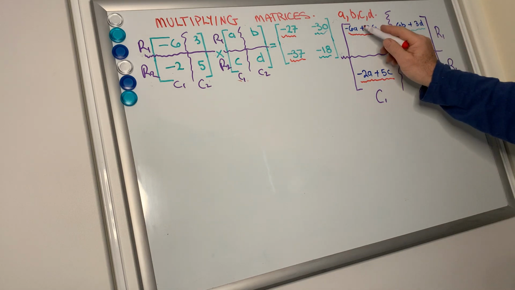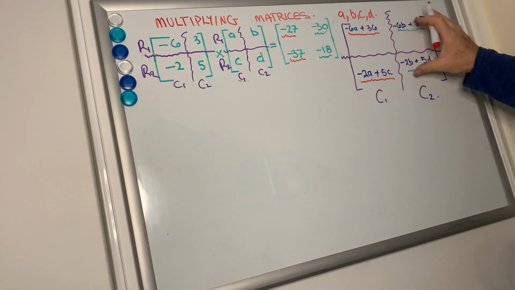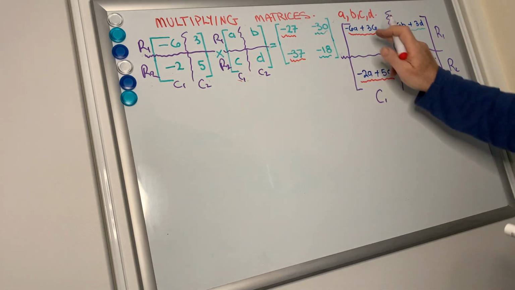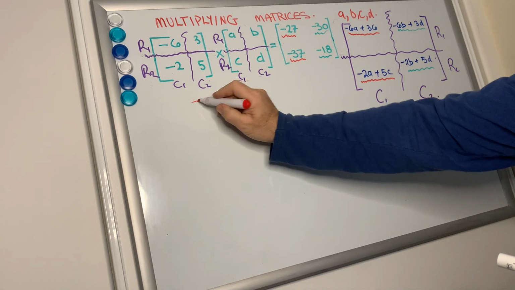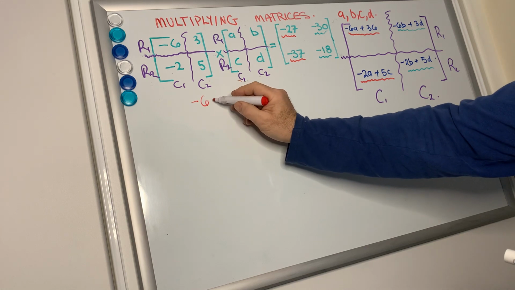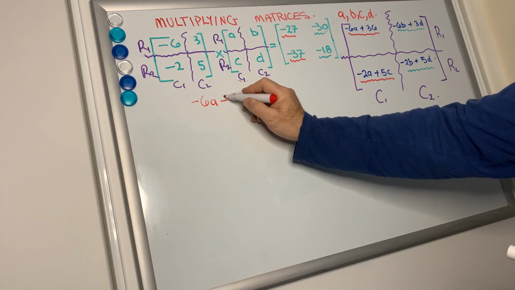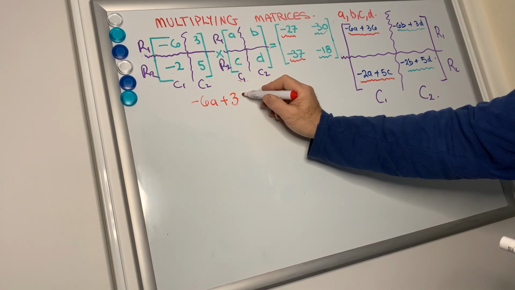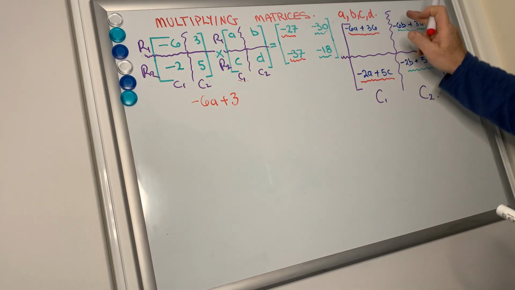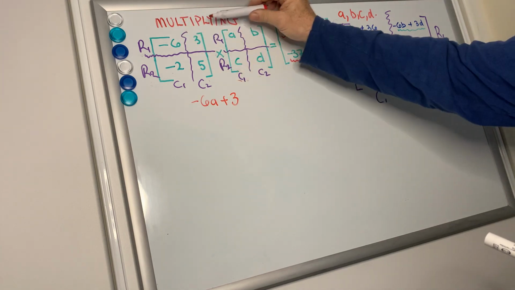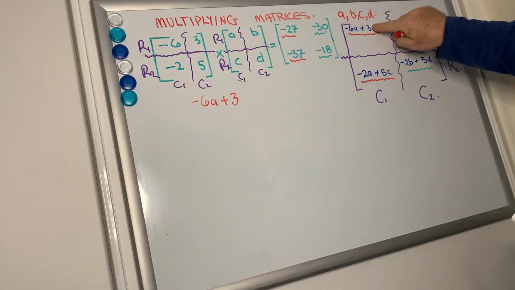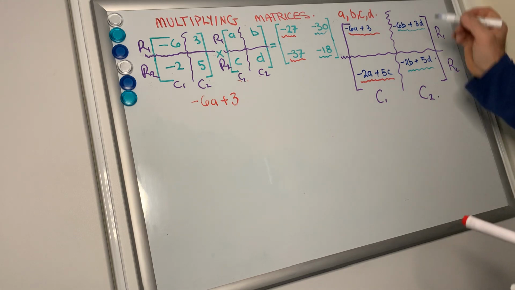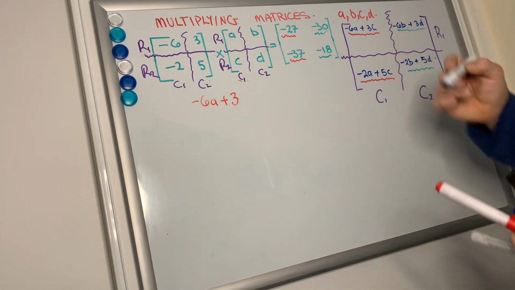So the first thing is, from this matrix multiplication as we've done here, I can say that minus 6a plus, oh sorry, what have I done there? Minus 6, that's plus 3, so that should be a c. Sorry about that.